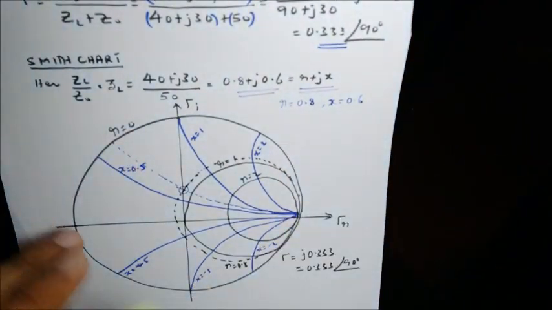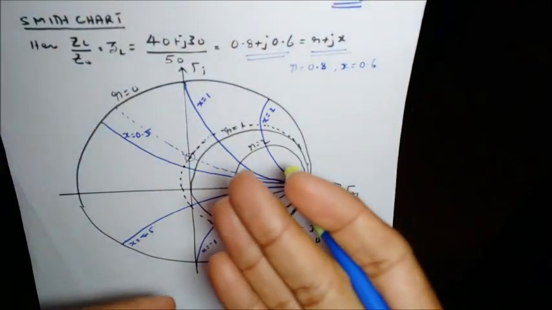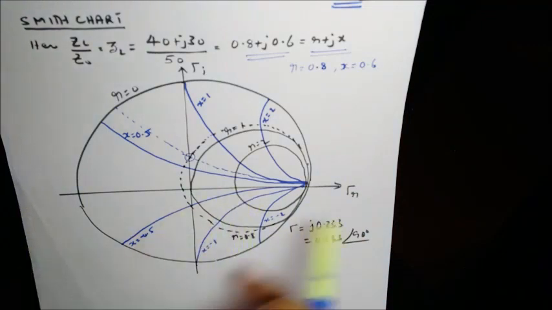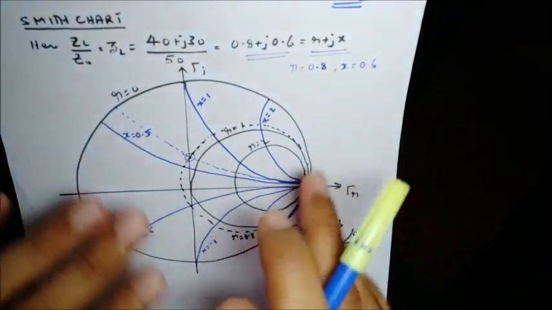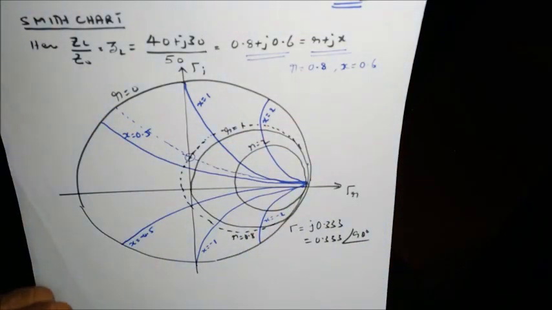Now what we do is we take the Smith chart. I will explain it here first, and then I will take the actual Smith chart and tell you how to do it. Because if I straight away go to the actual Smith chart, there are so many lines which can make it a bit difficult to understand. So first I will explain it here, where I have only a few of the circles involved.